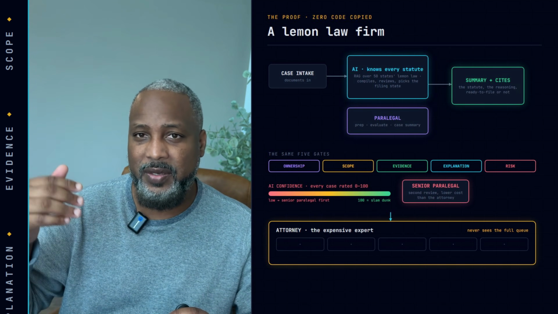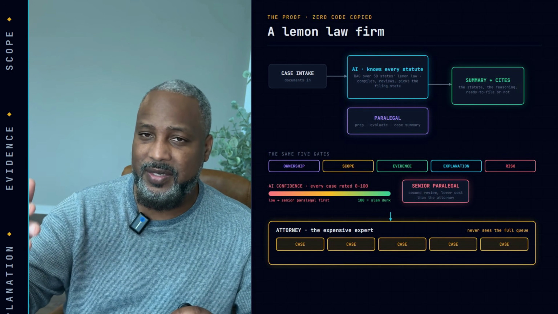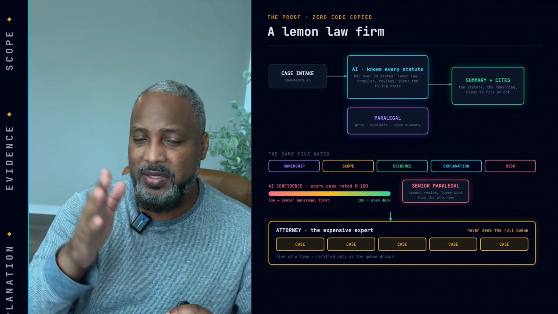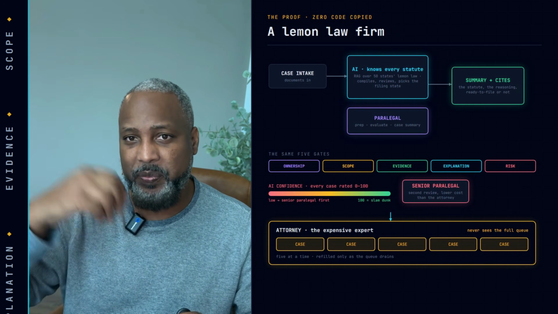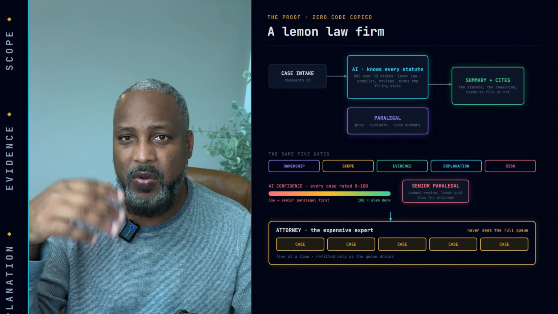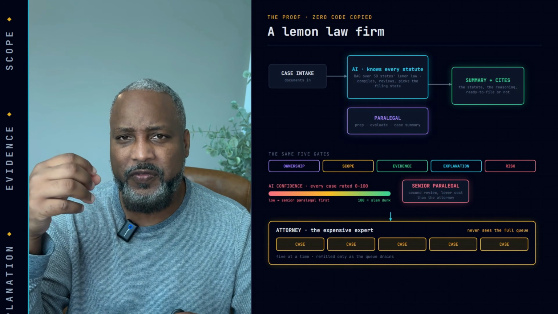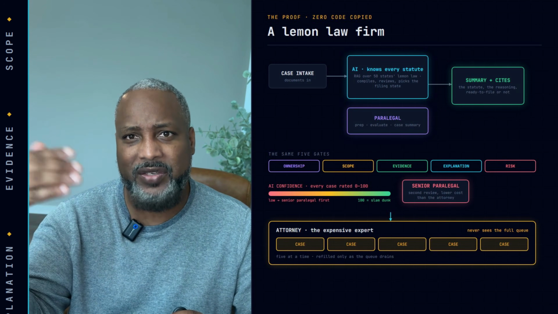So we started buffering the queue. We would only deliver 5 cases at a time to an attorney and wait until that attorney drained it, and then we would replace them with new cases for review. When we did that, we realized that overall quality actually went up, and the quality of life for the attorney within this workflow went up as well.